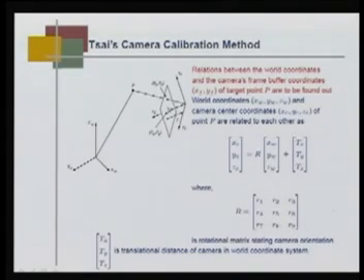So, how many parameters do I need to compute xc, yc, zc given xw, yw, zw? This is 9 plus 3, 12 parameters I need to convert from xw, yw, zw to xc, yc, zc, right. So, from world coordinate the representation of P to the camera frame coordinate of P.